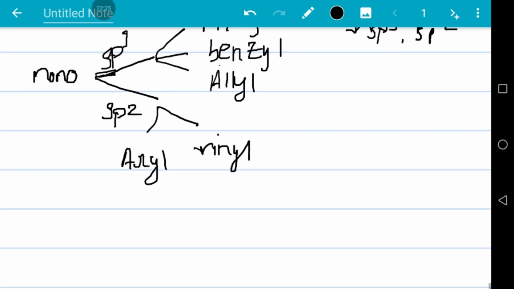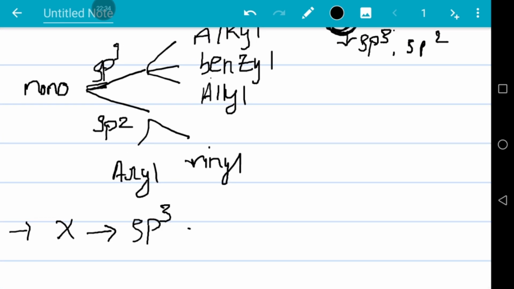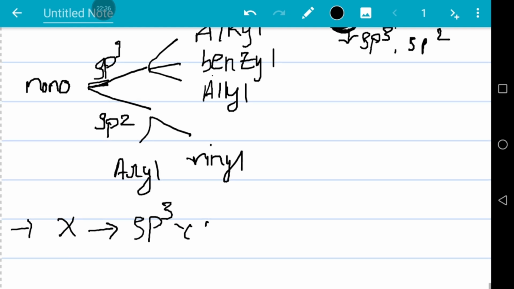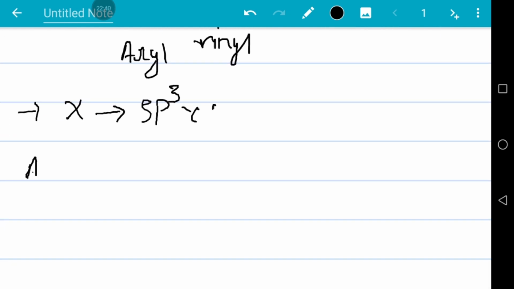So now coming to halogen attached to an sp3 hybridized carbon. The first one is the alkyl halide. What is an alkyl halide?